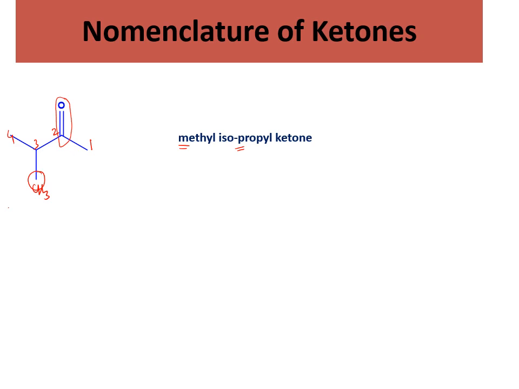So the branch is mentioned first, 3-methyl. I hope you can connect properly. What we are doing here is mentioning the branch first. So 3-methyl, and then butane is the parent, and on this parent chain a ketonic group is present at the second carbon, so it is 2-one. So 3-methylbutane-2-one. This is how we get the IUPAC name for this molecule.